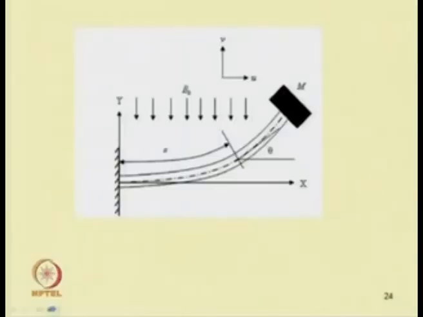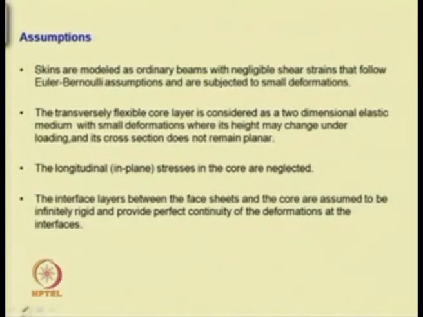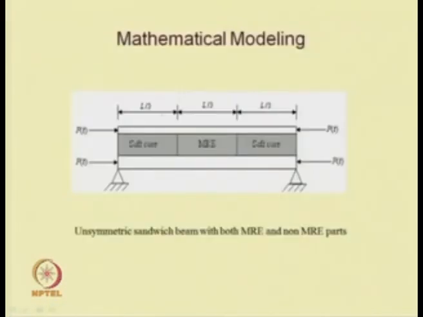So, next class we are going to study how to order the equation of motion for some systems. Also we will see some more different systems where some magnetic field is applied, and you can take some exercise problems also. Here you can derive the equation of motion for a sandwich beam.